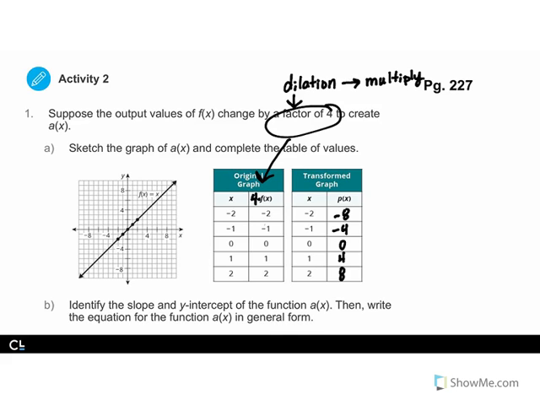So we're going to graph negative 2, negative 8. Negative 1, negative 4. 0, 0, 1, 4, and 2, 8.